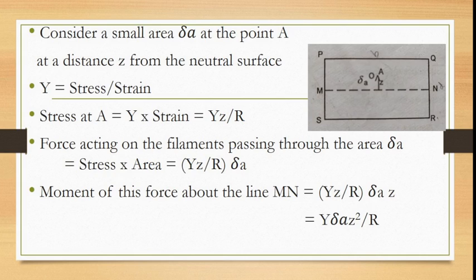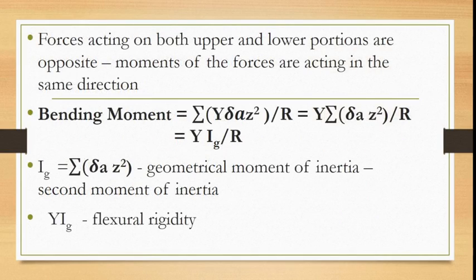So addition in mathematics is denoted by sigma. So the forces acting on both upper and lower portions are opposite, but the moments of the forces are acting in the same direction. So we can find out the bending moment by adding all the moments together. So we can put a sigma sign to show the summation. So sigma of Y into delta A Z square by R.